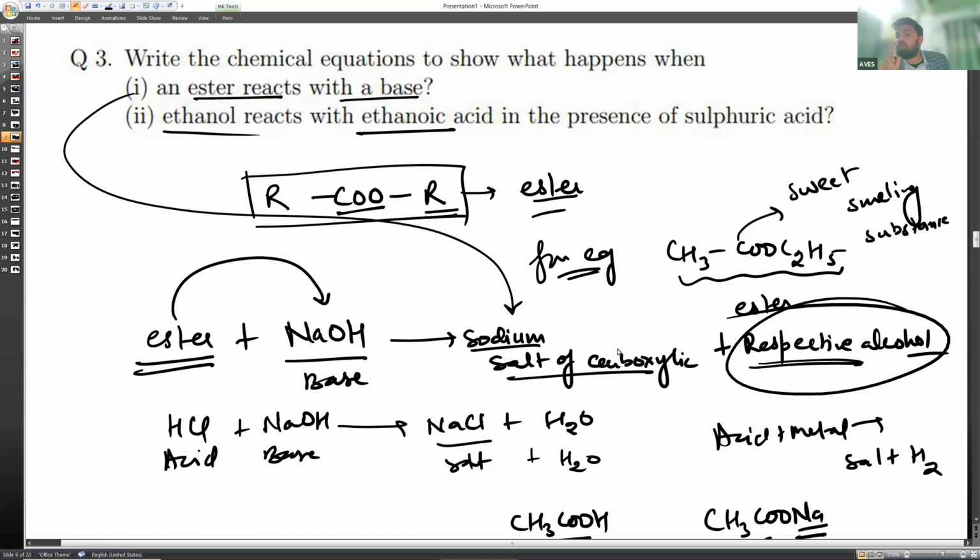Tell me, how does an ester form? An ester forms when alcohol reacts with carboxylic acid. So whatever ester forms must have been made from some alcohol and carboxylic acid, and the alcohol which it reacted with, that same alcohol it is going to give you.